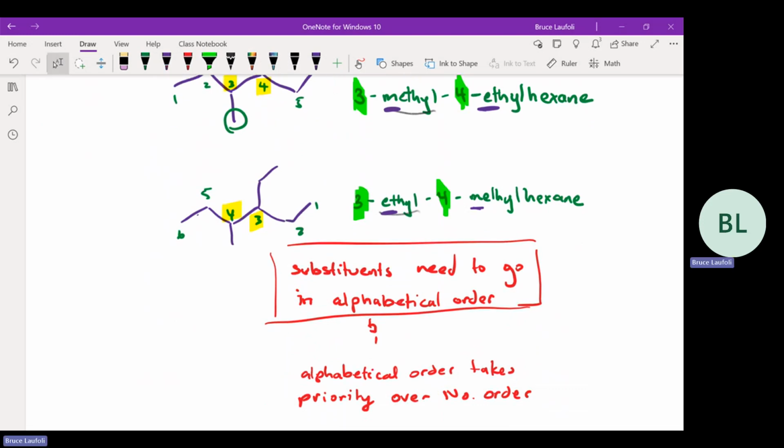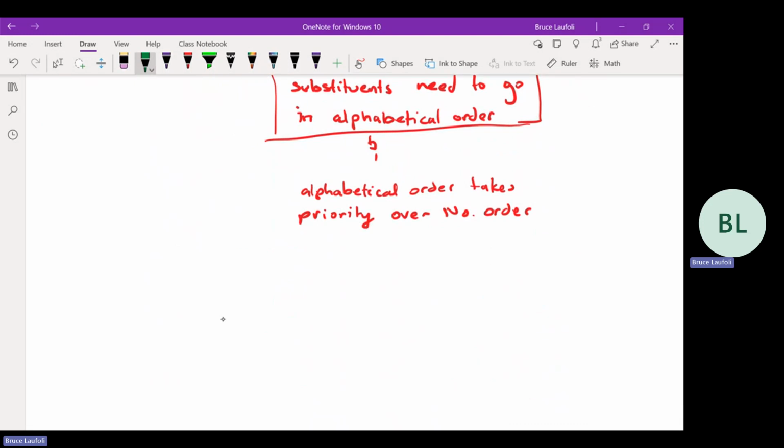Yeah, it's important. Let's look at another example. Let's go here. So let's number this. 1, 2, 3, 4, 5.